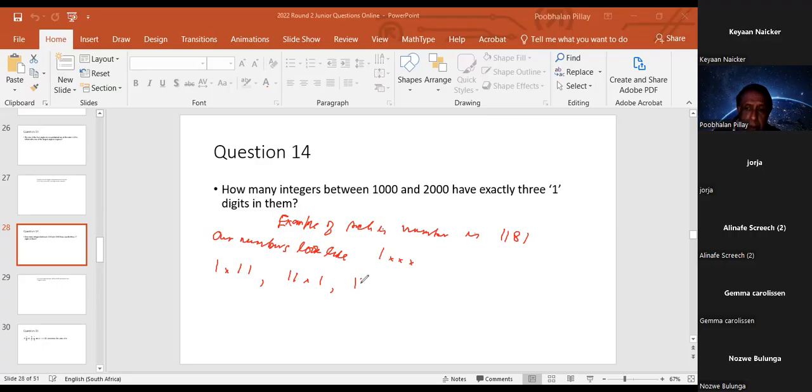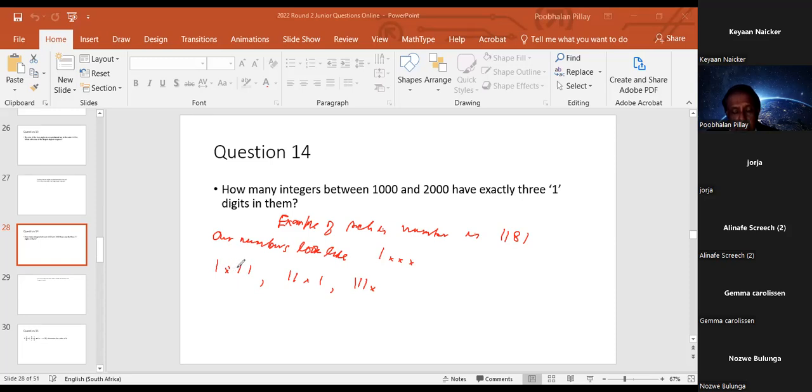And if you leave the fourth digit out, you get that. So our numbers look like that. All these numbers have got 3 ones in them, but you must make sure that this digit here is not 1. Otherwise, you've got 4 ones. So the question is, what must you put inside here?